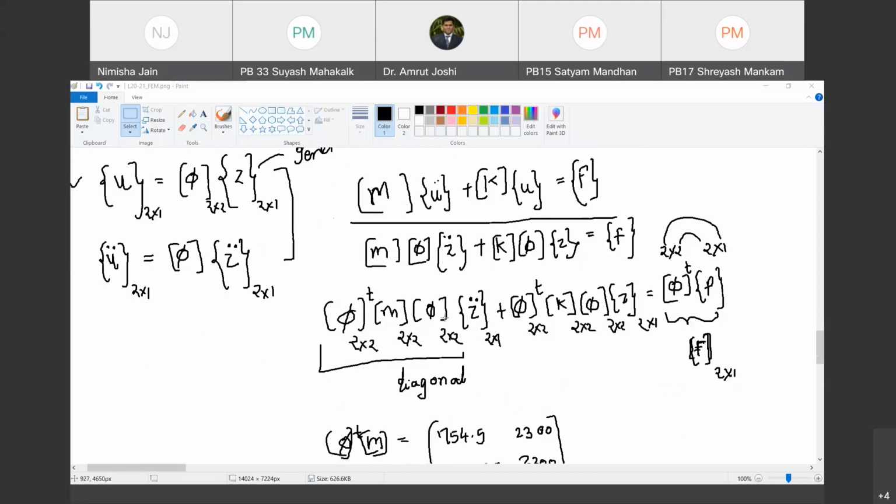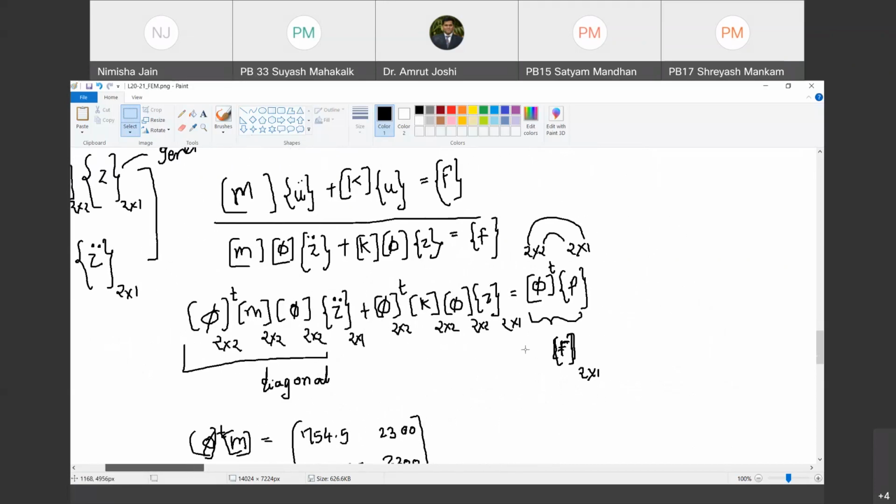So therefore, after pre-multiplying by phi transpose, I get phi transpose M phi Z double dot plus phi transpose K phi Z equal to phi transpose F. And this phi transpose F matrix, we call it as generalized force matrix. Are you with me? Yes, sir. Small f denotes the nodal force matrix and capital F denotes the generalized force matrix where small f has been pre-multiplied by phi transpose. Okay.